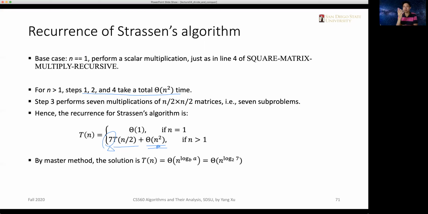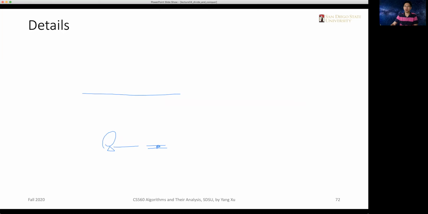And the state of the art for matrix multiplication can reach even lower using even smarter techniques. But Strassen's algorithm is one of the earliest and most classical algorithms. So we'll go through the details really quick.